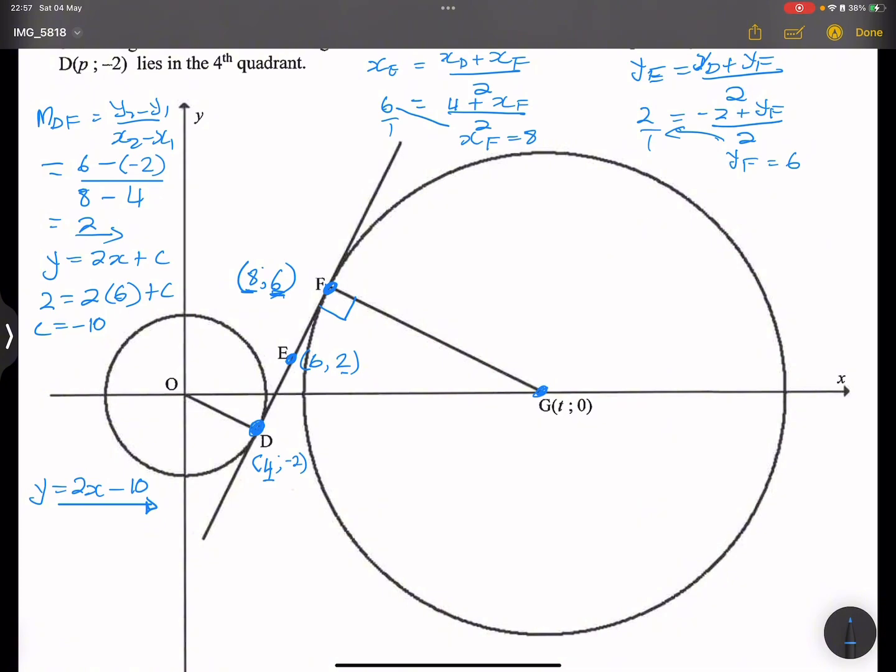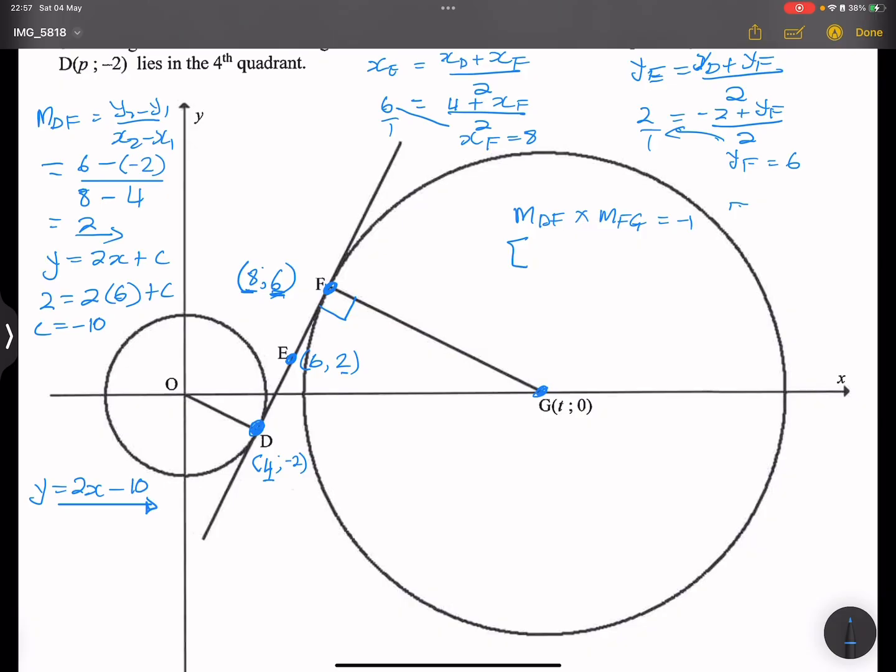So now I can say, well, the gradient of DF multiplied by the gradient of FG should be equal to -1. Now, please remember to state the reason for that. Why are they equal to -1?